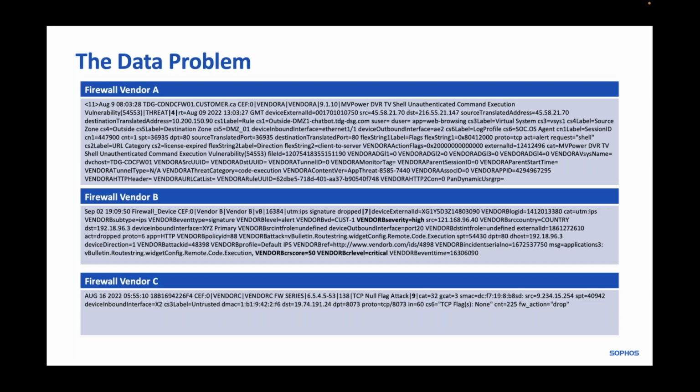So one of them, just looking at one attribute, and how much of a serious attack is this? Vendor A will tell you this is threat level 4. Vendor B tells you this is severity level high, and then also gives it a score of 50. And then vendor C tells you this is attack level 9. Now, I don't know whether 9 is that good because 10 is the lowest severity of alert, or is 9 really bad because 10 is top of the scale, and how does that map to high, medium, and low? So that's just one attribute, and it shows you the lack of standard.